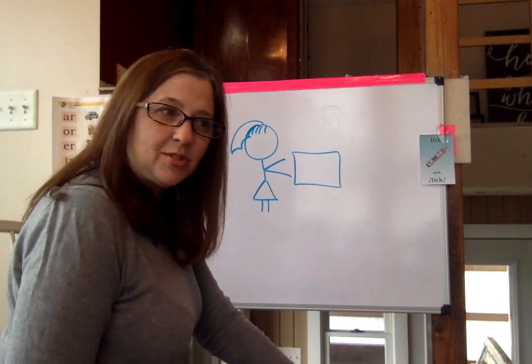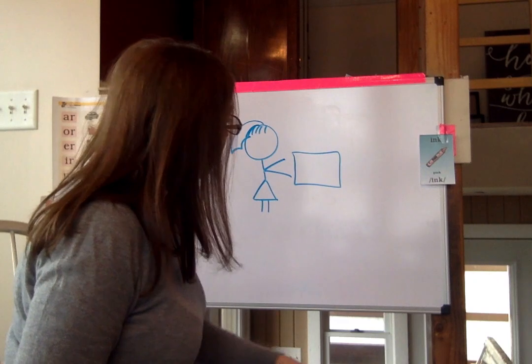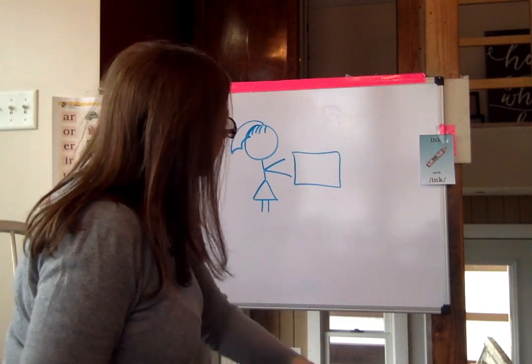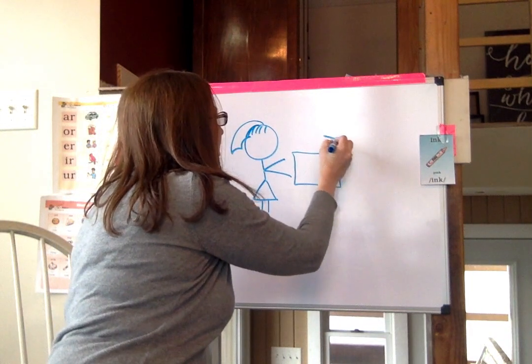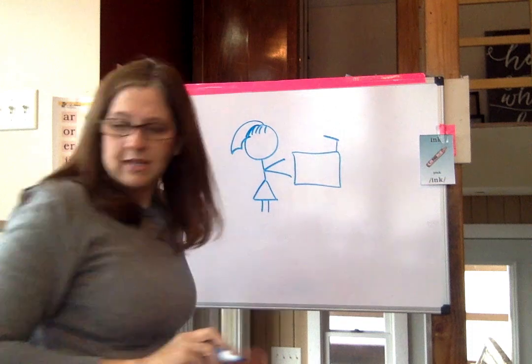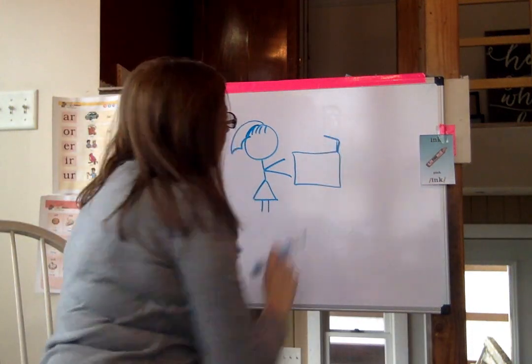We're going to be using some of the shape words that we learned in math, because the sink can kind of look like a rectangle. And then I'm going to draw the faucet. Okay?